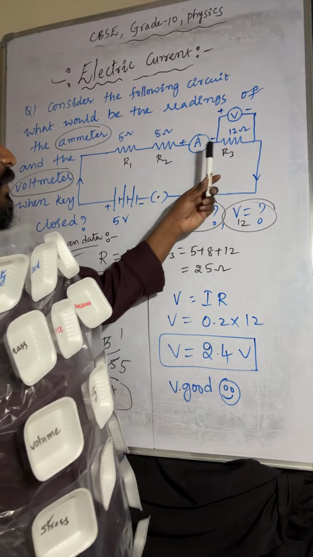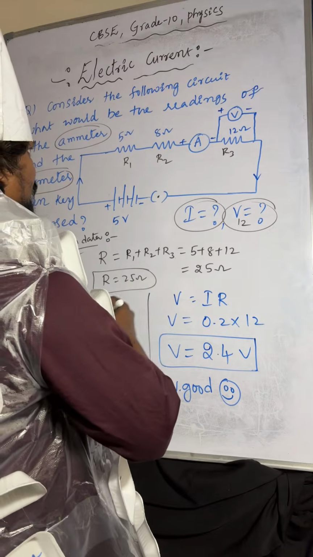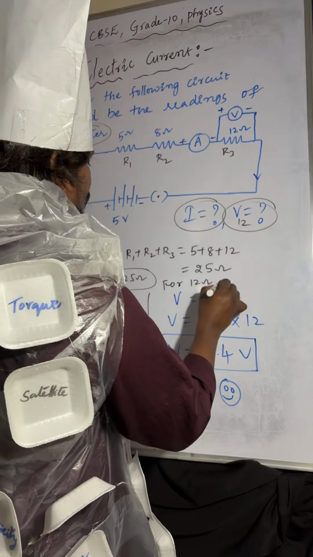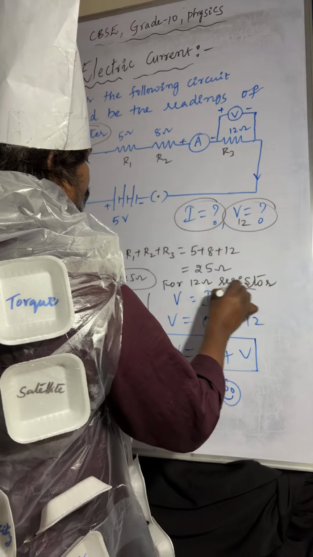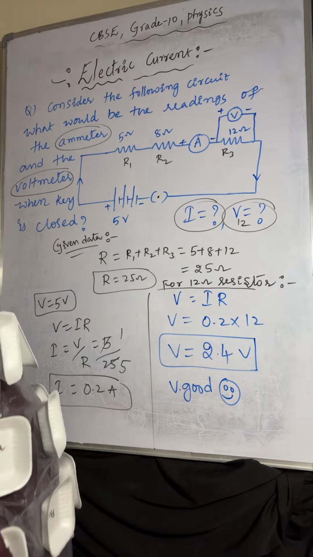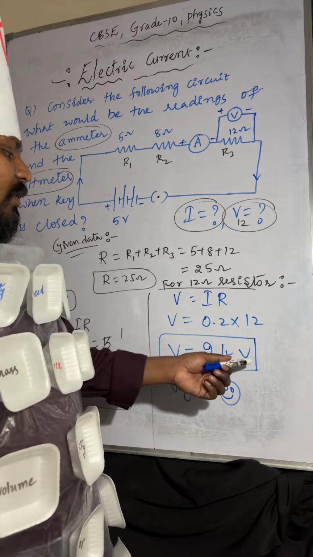Across the 12 ohm resistor, V equals IR, V equals 0.2 into 12. So V equals 2.4 V.